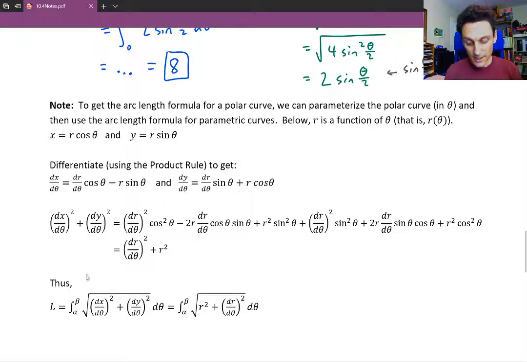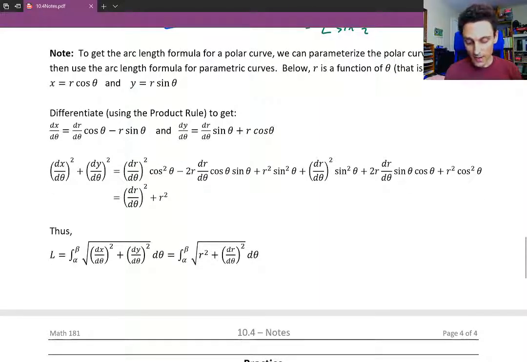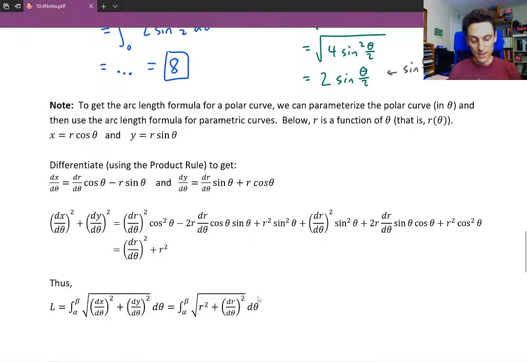So what goes inside of the radical using the arc length for parametric curves is just r squared plus dr d theta squared. So what goes inside the parametric version ends up being, in the polar version, r squared plus dr d theta squared. So that explains why we have that formula for the arc length of the polar curve.